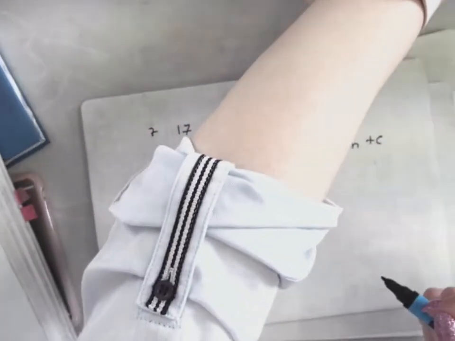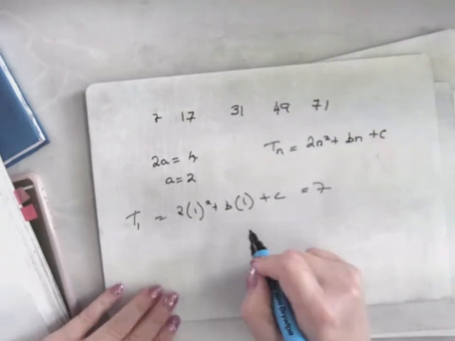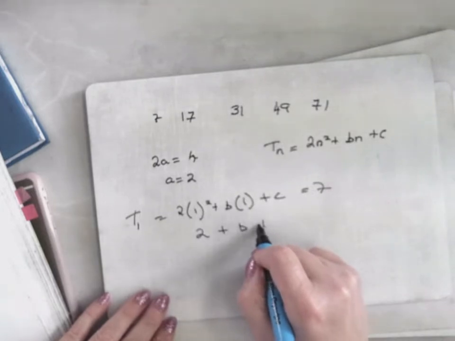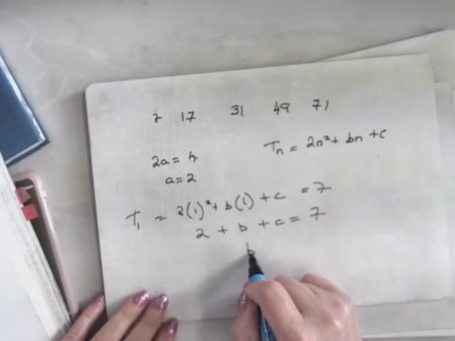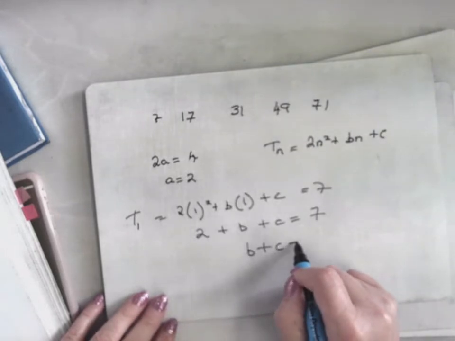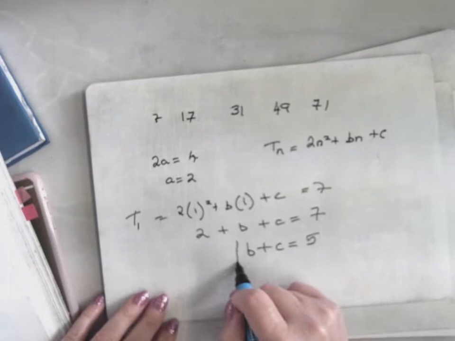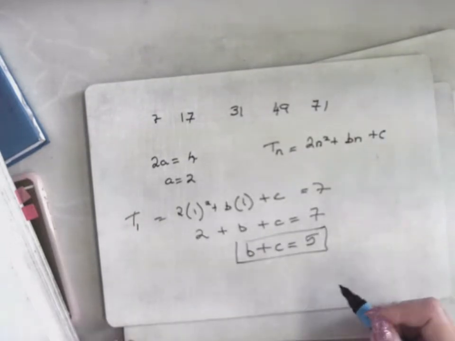Okay, so that's 2 plus b plus c equals 7. Bring over the 2, becomes a minus 2. So b plus c equals 7 minus 2, which is 5. Okay, there's my first equation from my simultaneous equations in a minute.